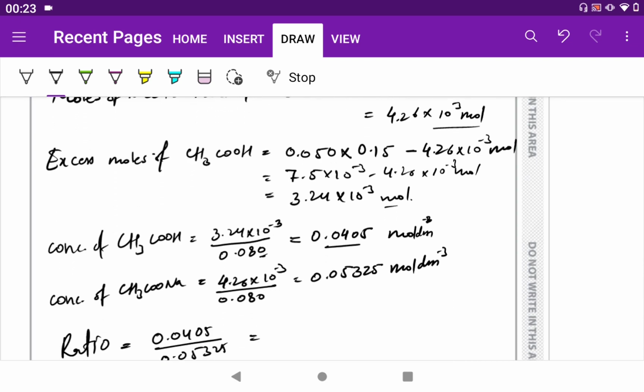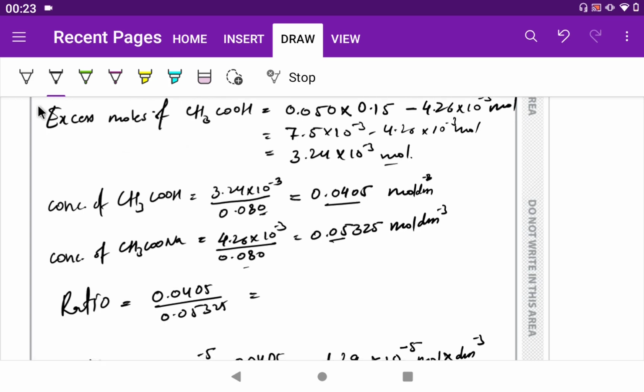Now concentration of sodium acetate, the moles of sodium acetate was this, divided by this, so we get 0.05325. So the ratio is this.